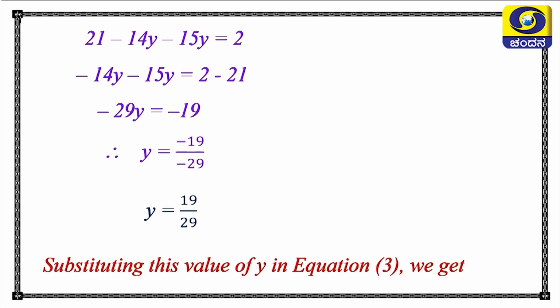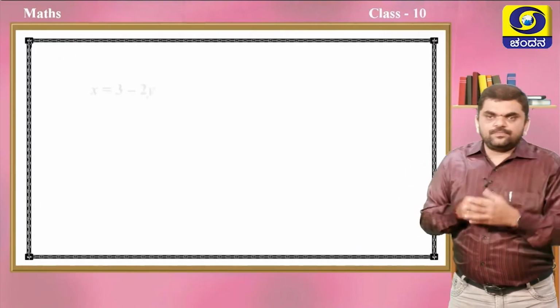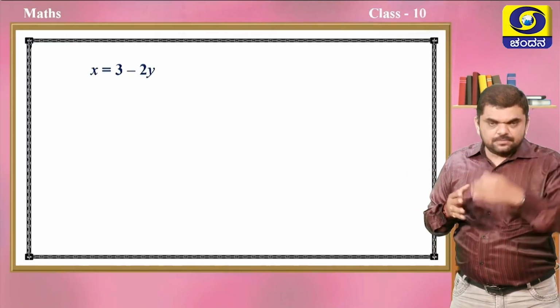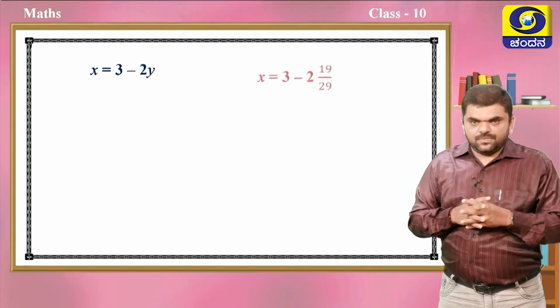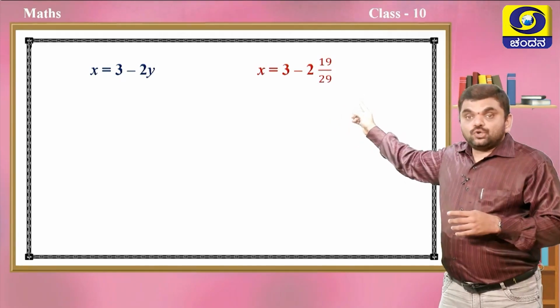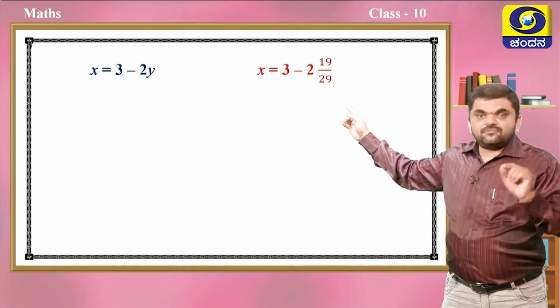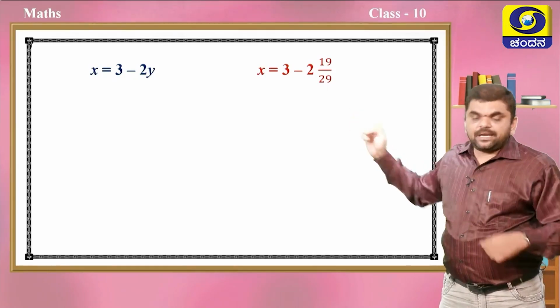Now substitute the value of y in equation number 3 so that we will get the value of x also. How? What is equation number 3? x is equal to 3 minus 2y. x is equal to 3 minus 2 into, in the place of y we are going to substitute the value of y, that is 19 by 29.